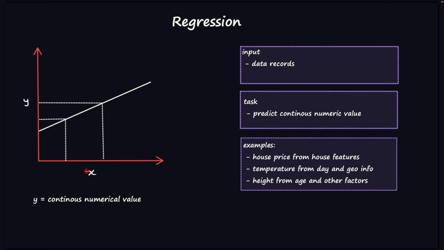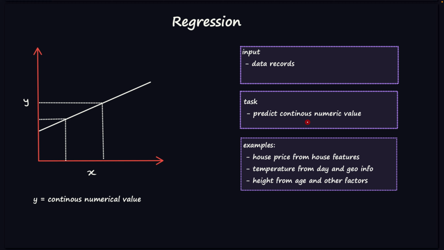So we can easily see that as the house size increases, the price also goes up. If we know the size of the house, then we will be able to predict the price of the house. The price will not be anything like a label or class, it will be a numeric value, and that is what we are trying to do with regression.